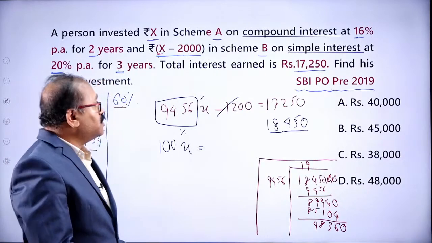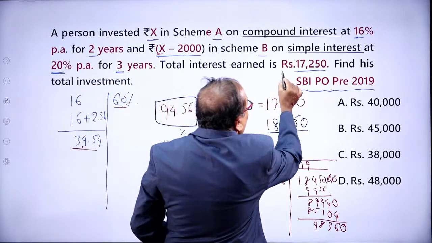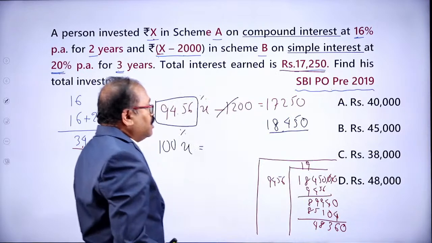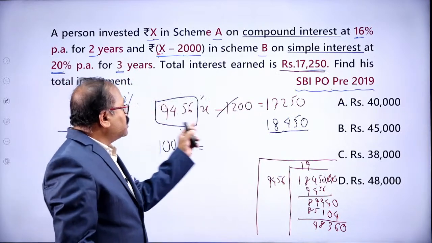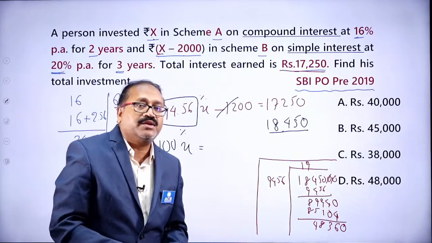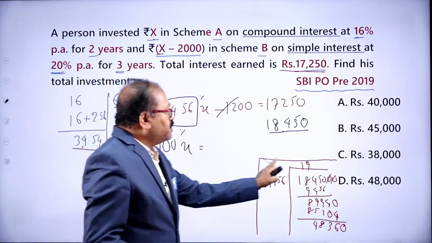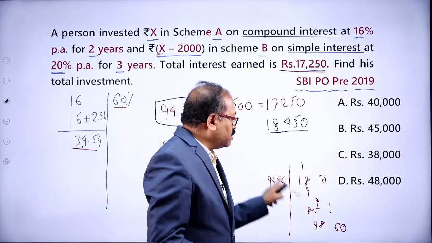I think there could be a small error over here, because it should get cancelled, then only I will get the 100%. And once I get the 100%, what happens here? Okay, look, this small typing error comes sometimes.